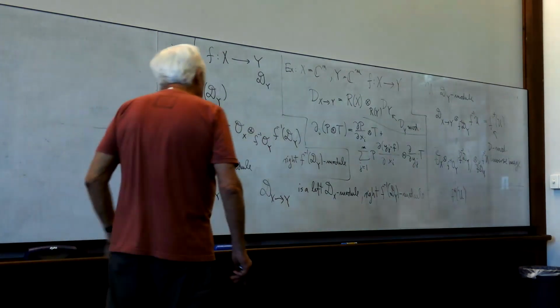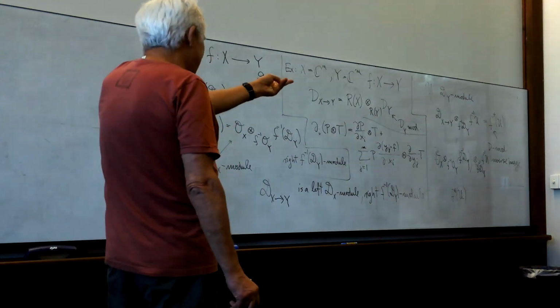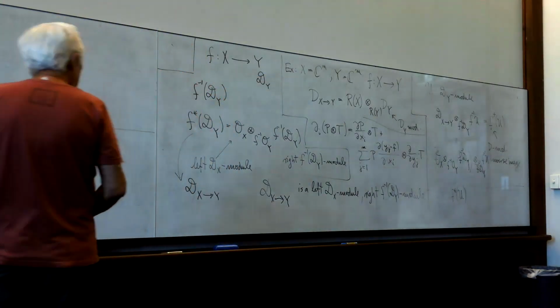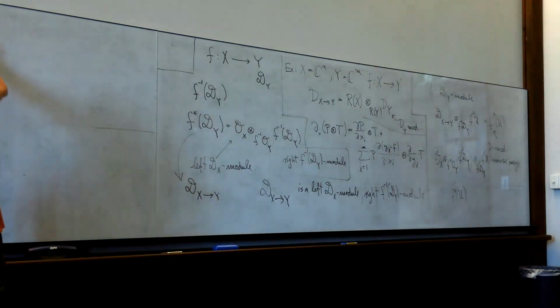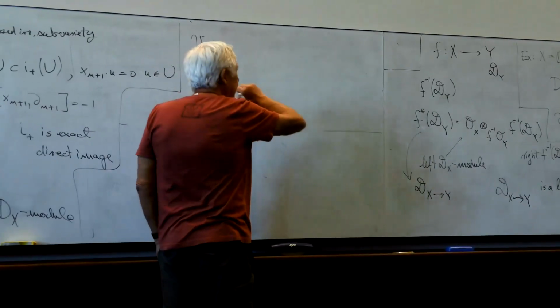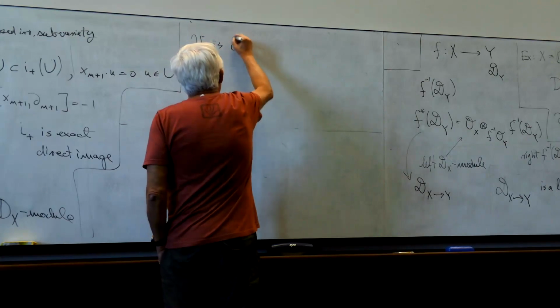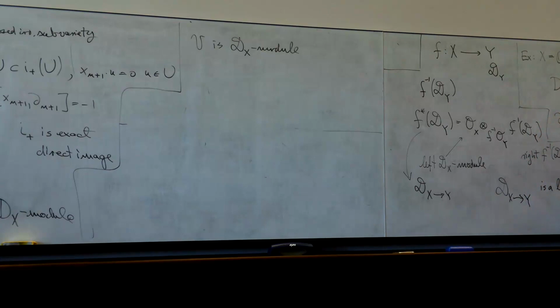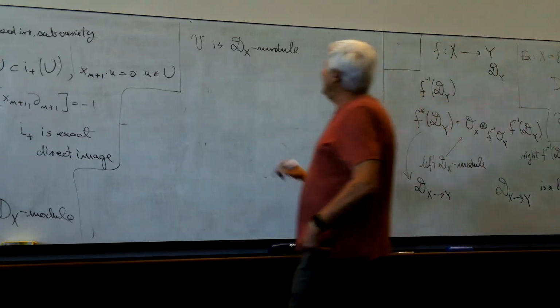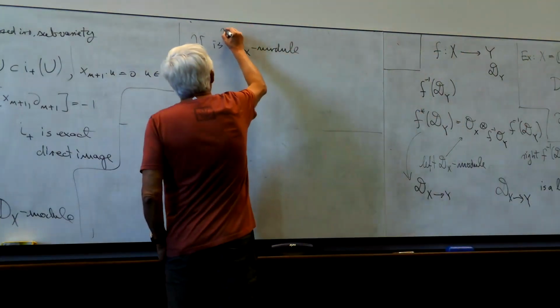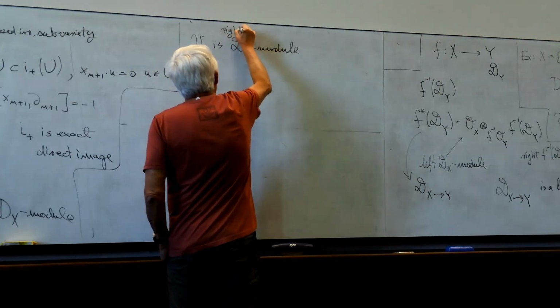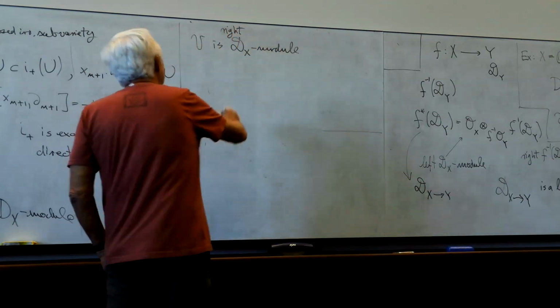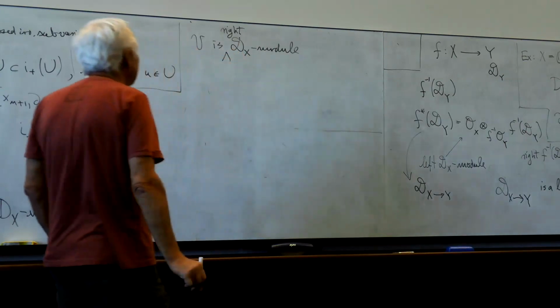Careful, because again, we use the same bimodule. So let's say V is a D_X module. So now we have to multiply the D_XY from both sides. So I will say that this is right, and then we are going to discuss the left or right.